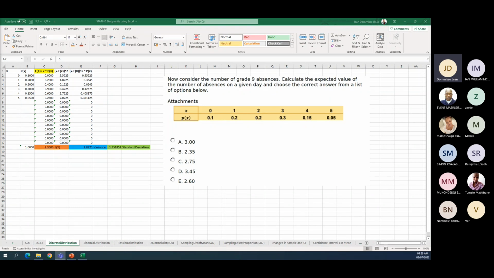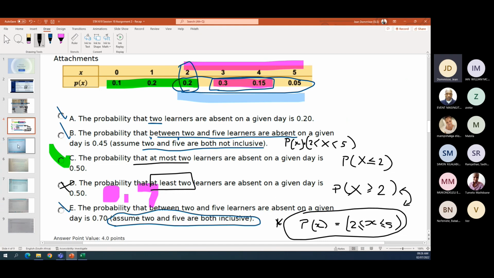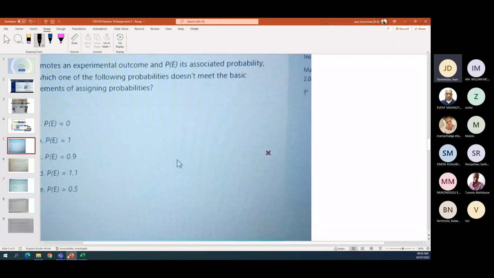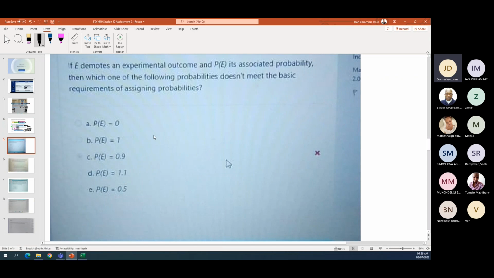Okay, so let's go back to the presentation. This was the interesting one, because if you look at the wording, this is really confusing. This is purely a definition question where it wanted to catch you out.